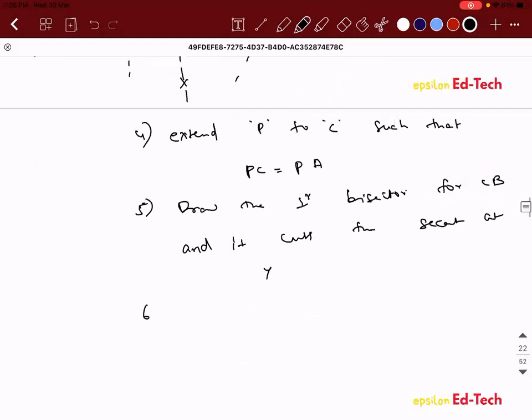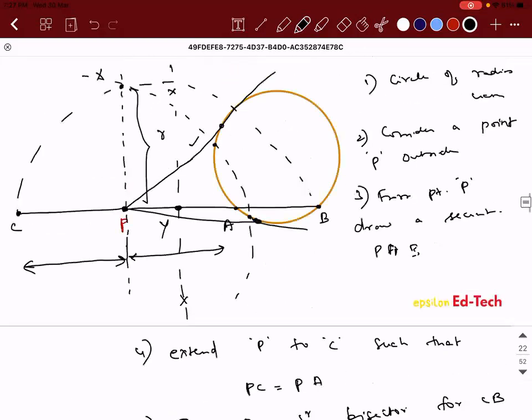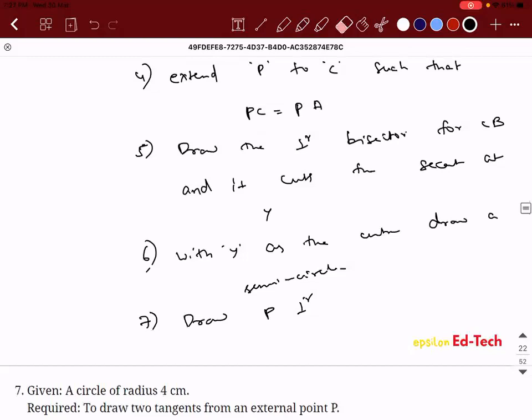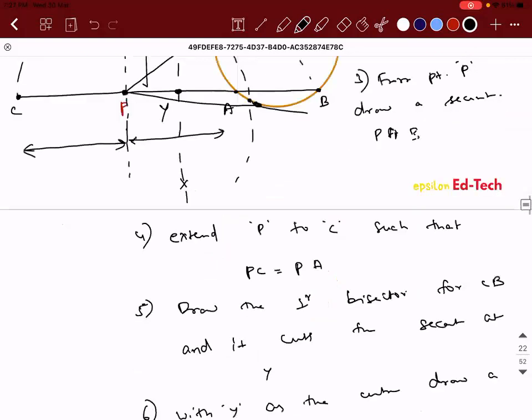So then what you do is with Y as the center, draw a semicircle. Once you draw the semicircle, then draw PX perpendicular to PAB.